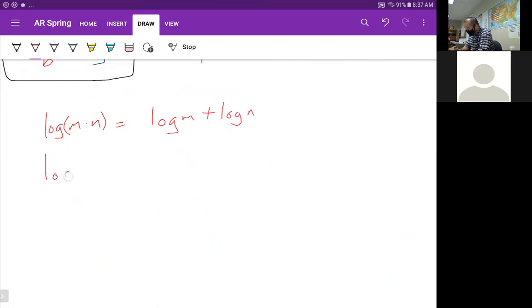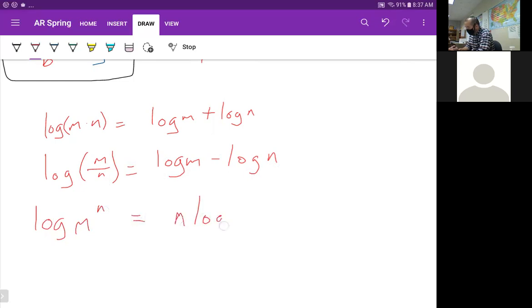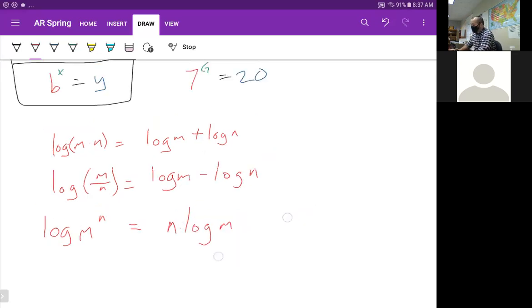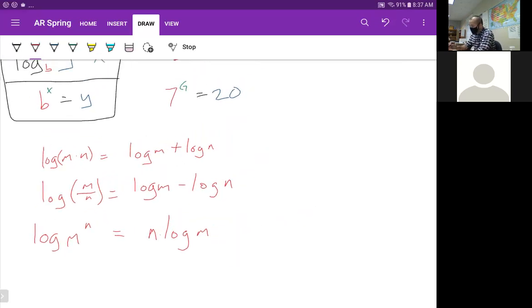When you divide, that's going to be log of m minus log of n. And then when you have exponents, log of m to the n is going to be the same thing as n log m. So those are the formulas.